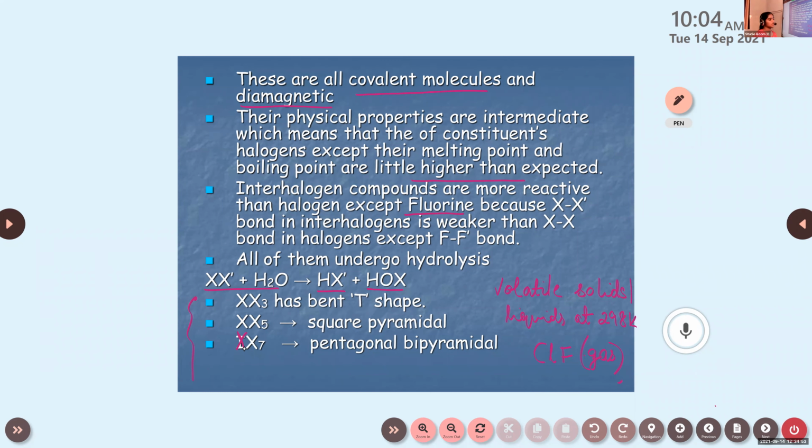Do you remember VSEPR theory that you learned in plus one, valence shell electron pair repulsion theory? Based on VSEPR theory, the structures are assigned to each interhalogen compound. So any compound that comes in the general formula XX3, XX5, XX7, you have to follow this shape.